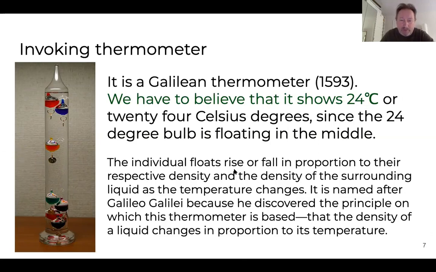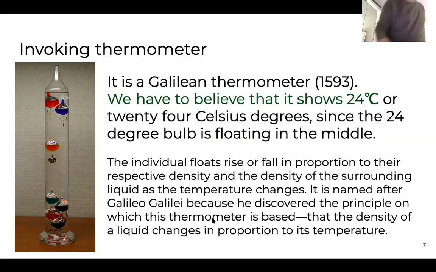The individual floats rise or fall in proportion to their respective density and the density of the surrounding liquid as the temperature changes. It is named after Galileo Galilei because he discovered the principle on which the thermometer is based, that the density of a liquid changes in proportion to its temperature.